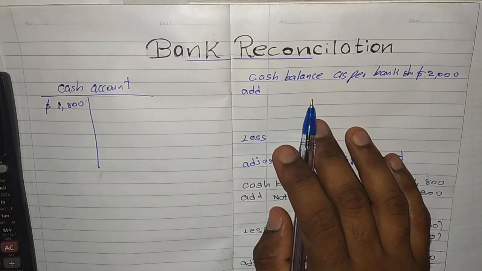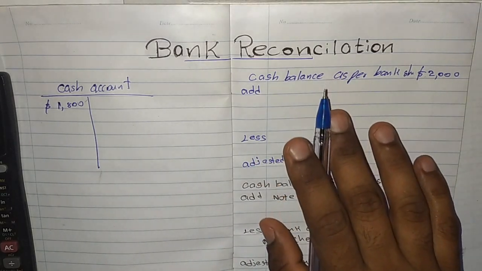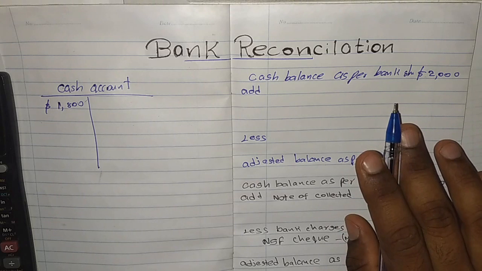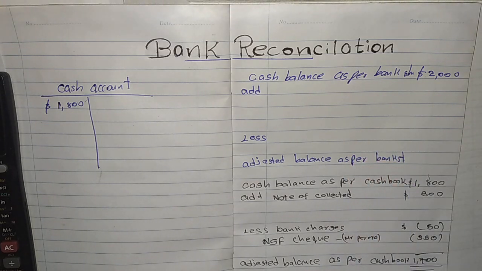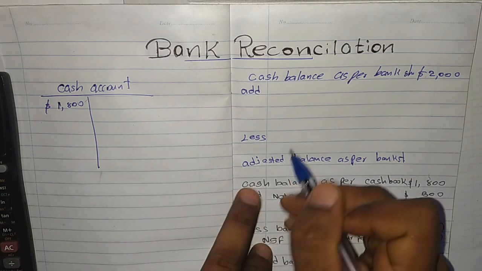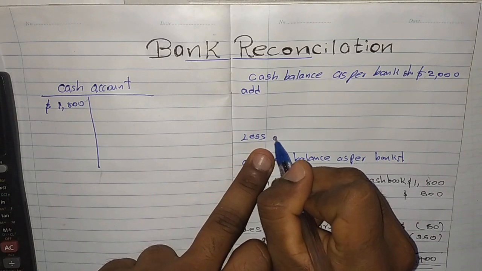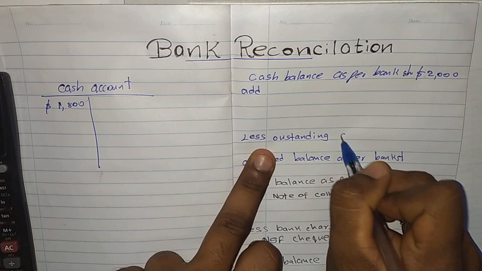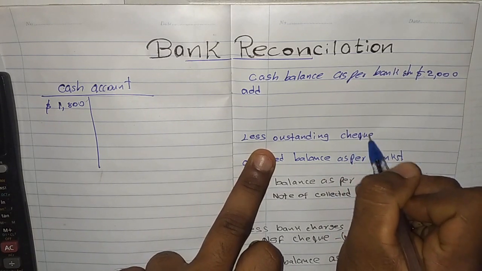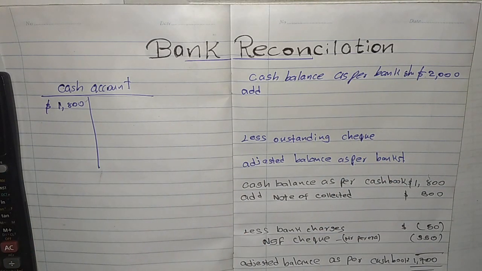So let's go back to the top here and look at the same thing, items that might have affected the bank statement balance. One thing is the outstanding checks that we wrote that have not cleared the bank yet.